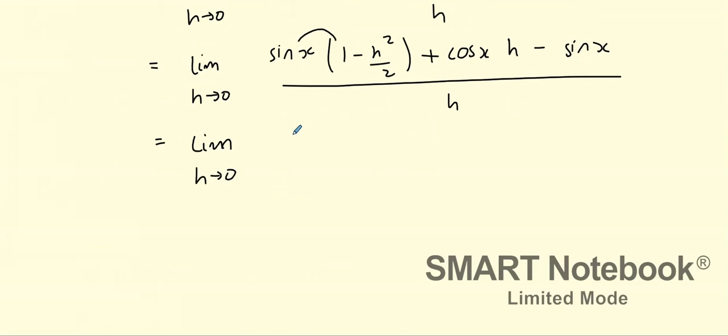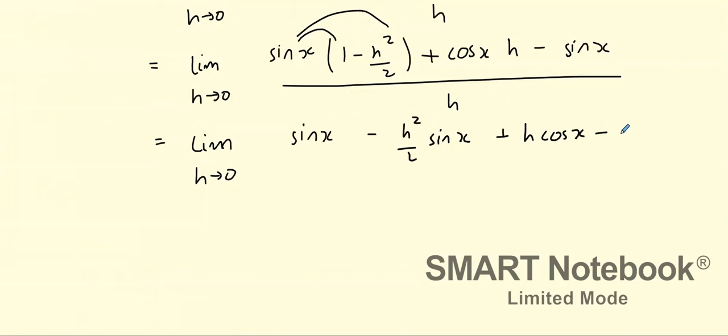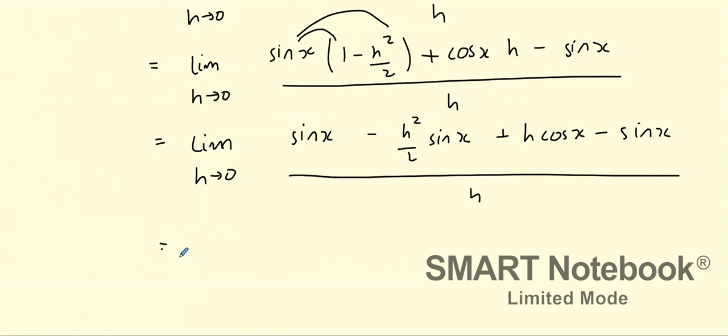I expand that in, I get sine x minus h squared over 2 sine x plus h cos x minus sine x, all over h. All I've done is expand the brackets for sine. Now, at that stage, we can cancel this out with this.